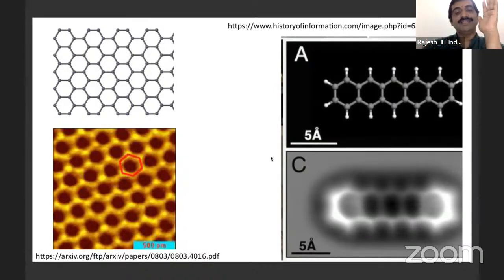The scanning tunneling microscope and atomic force microscope come under one category called scanning probe microscope. So this is how modern microscopes let us see detail up to the atomic level, and this is how they function.